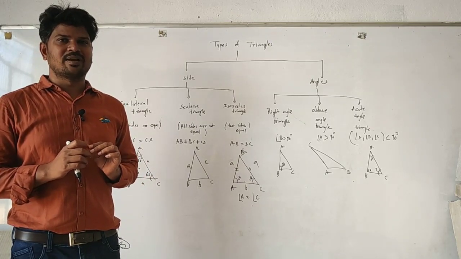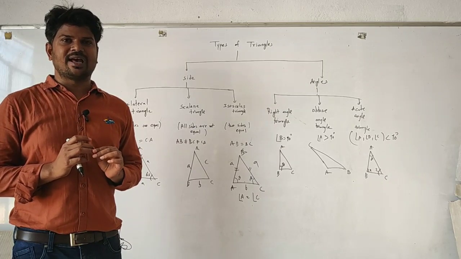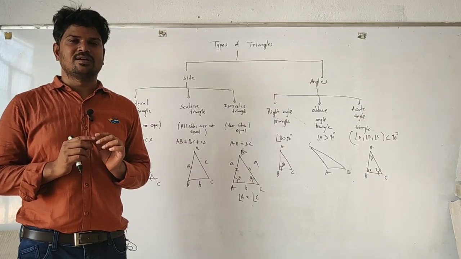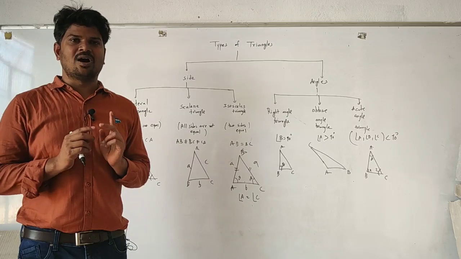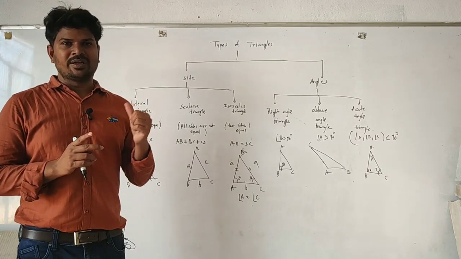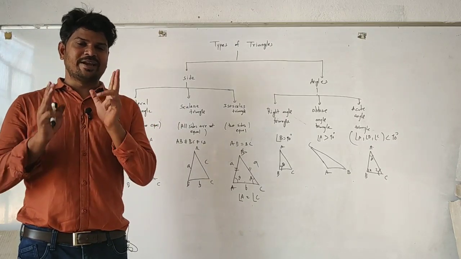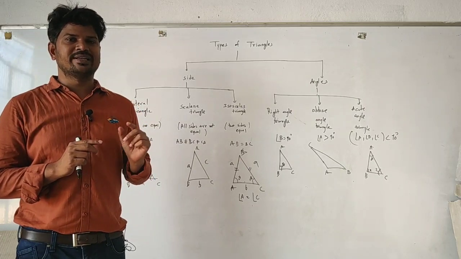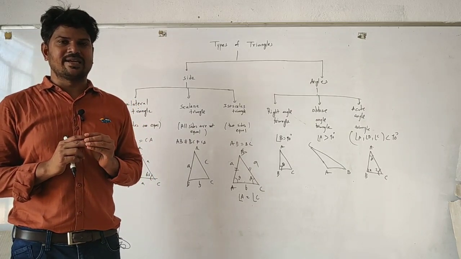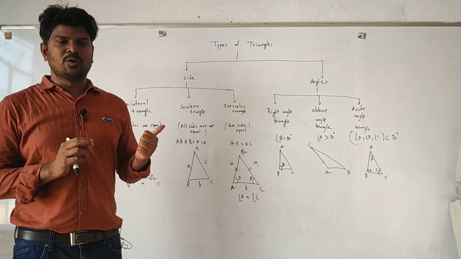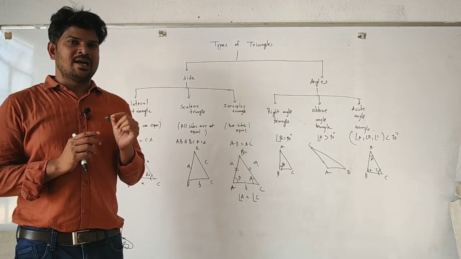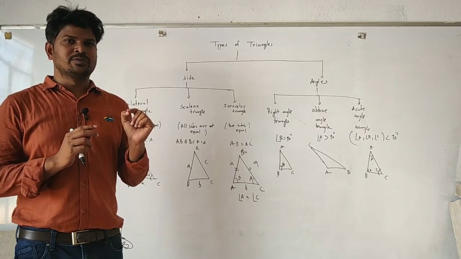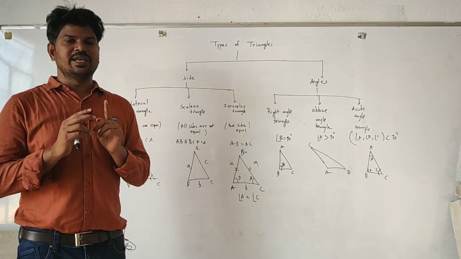And the third type is called an isosceles triangle. Iso means equal. If any two sides are equal, because already we have discussed three sides, so if any two sides are equal, then it is called an isosceles triangle. Here we have to note one point, that the angles opposite to these equal sides are also equal.